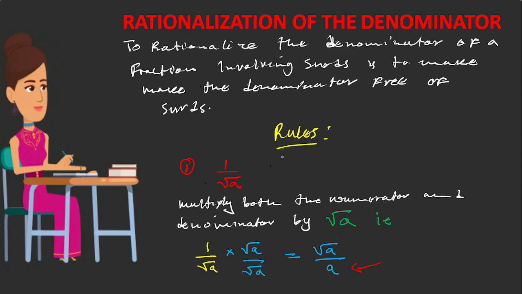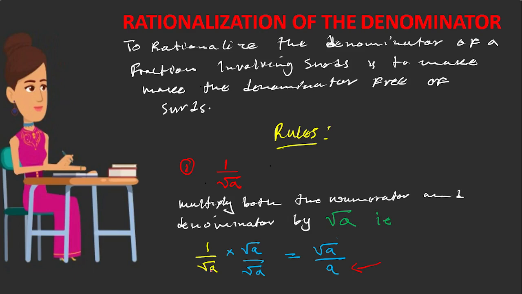That's why we learned about complex numbers before we did the surds. You won't be given such a situation where the square root of a is negative. Also, a cannot be 0, because if it is 0, then this expression is undefined.